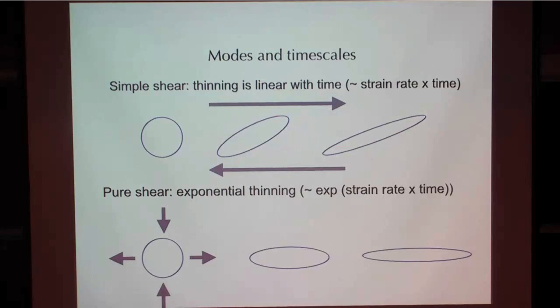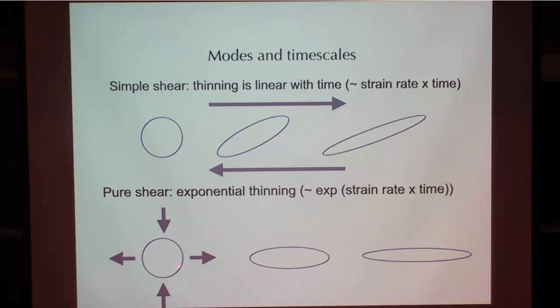And that stretching and thinning, so it'll be elongated in one direction and thinned in the other direction. We can measure the rate of thinning with time. And in a simple shear situation, that thinning is going to be proportional to the strain rate and time.